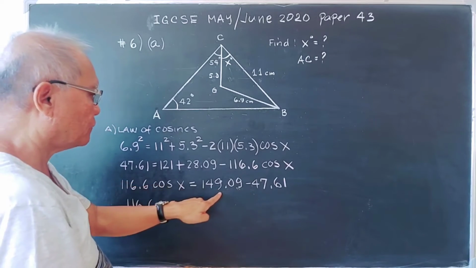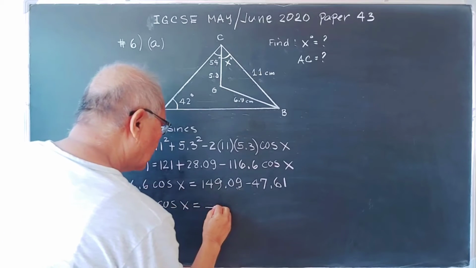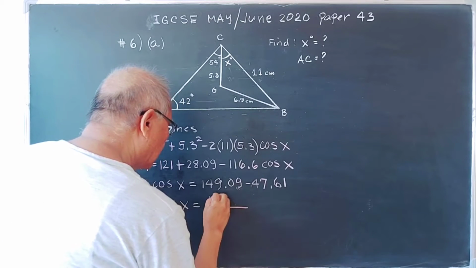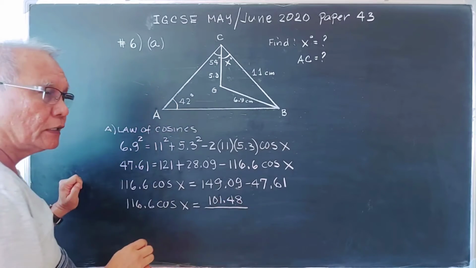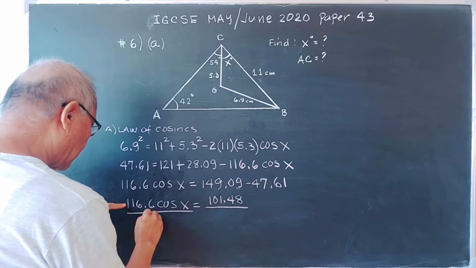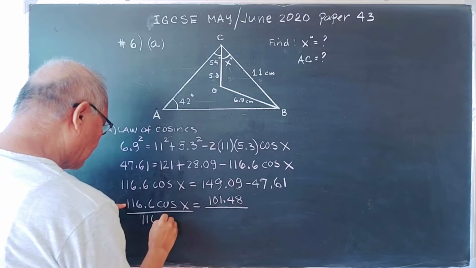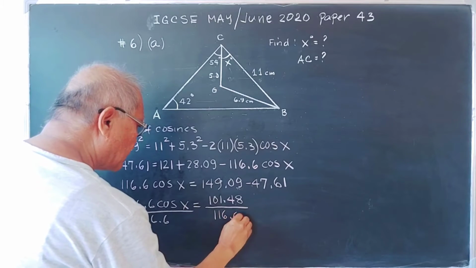We subtract 149.09 minus 47.61, that is 101.48, and then we divide by 116.6, and divide the other side by 116.6 also.